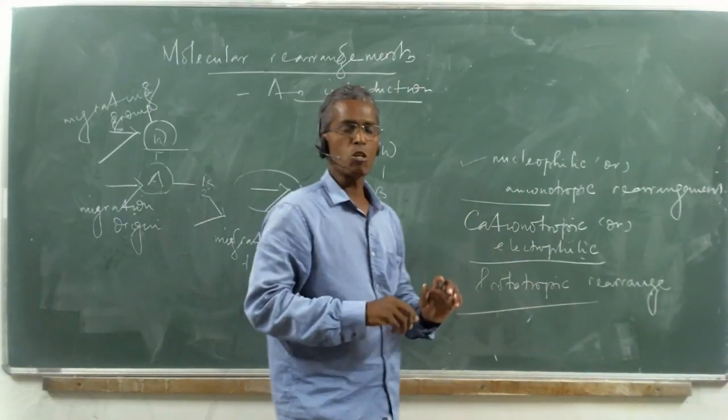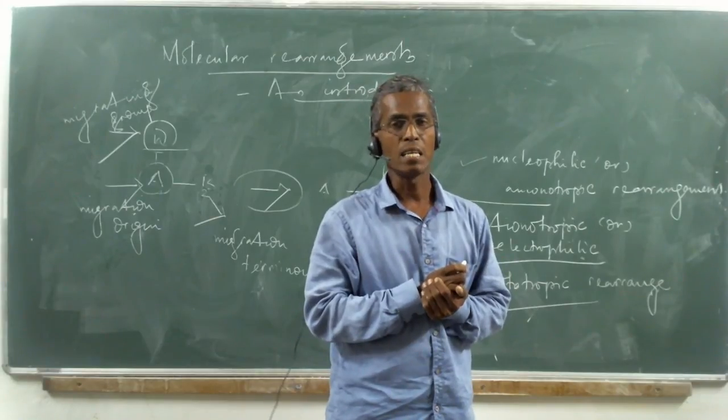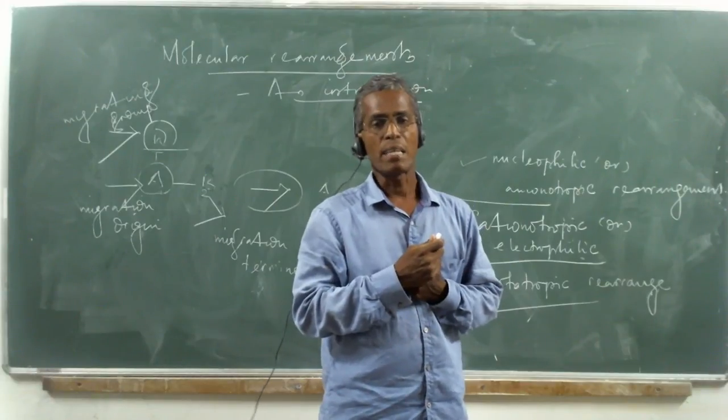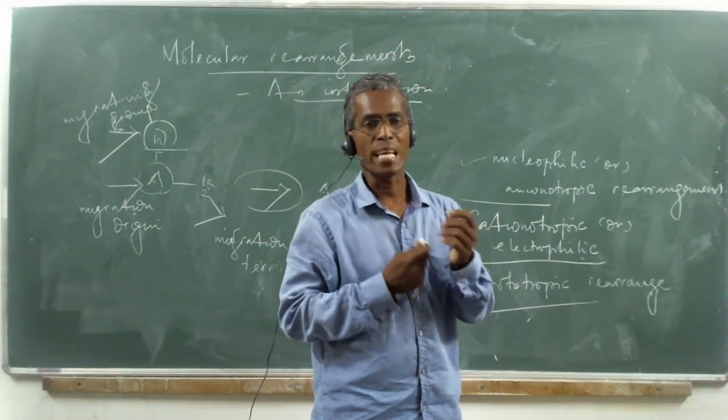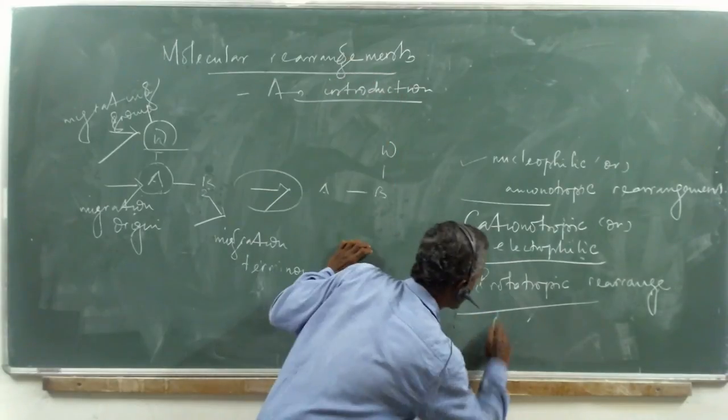If the migrating group moves from one position to another with a free radical, with one electron, the reaction will be called free radical rearrangement.